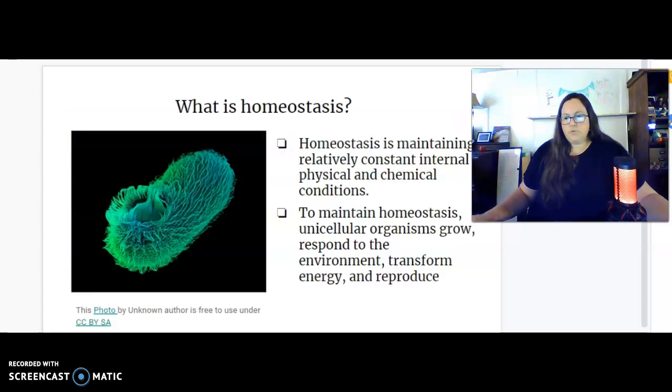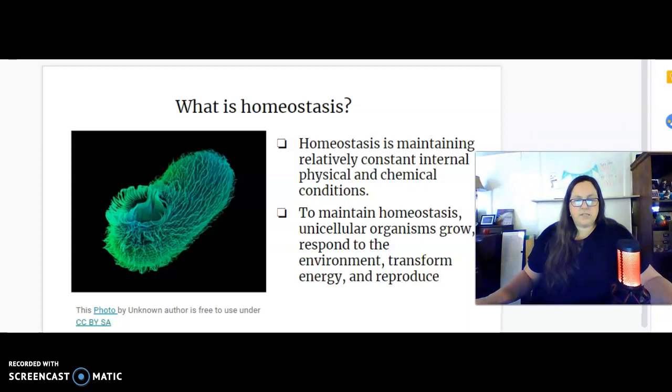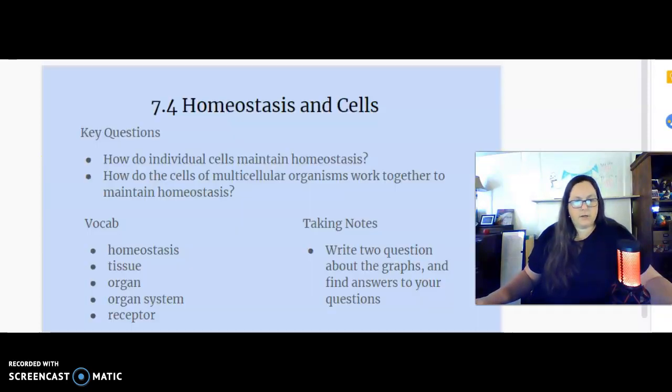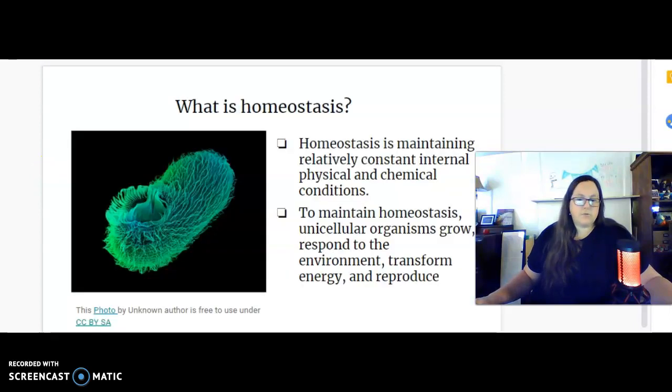All right, moving on. Homeostasis. So what is homeostasis? Homeostasis is maintaining relatively constant internal physical and chemical conditions. So here's a unicellular organism. What did we call that on the first slide? Individual cells. Okay, unicellular organisms. They dominate on the earth. This is a freshwater protozoan.